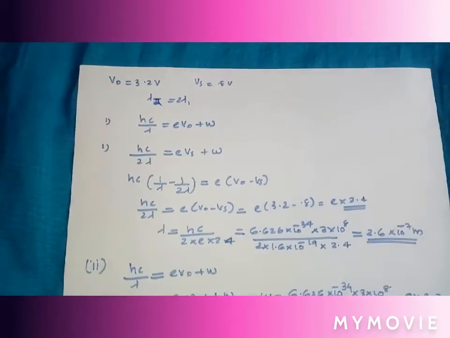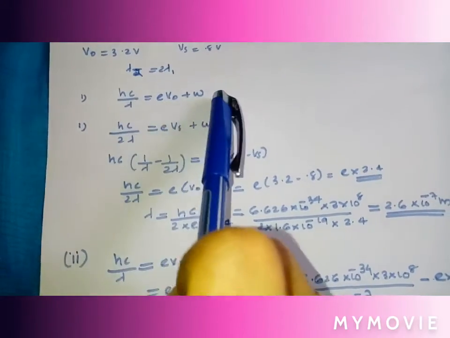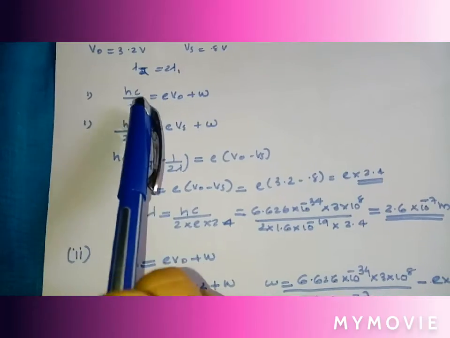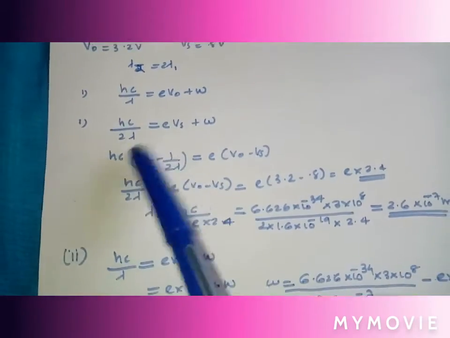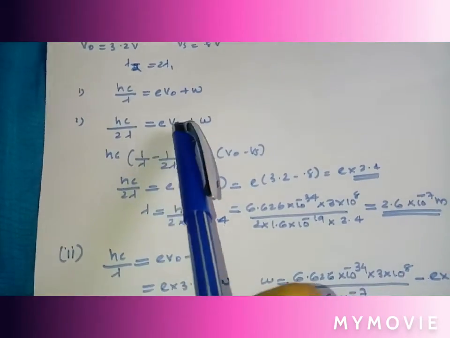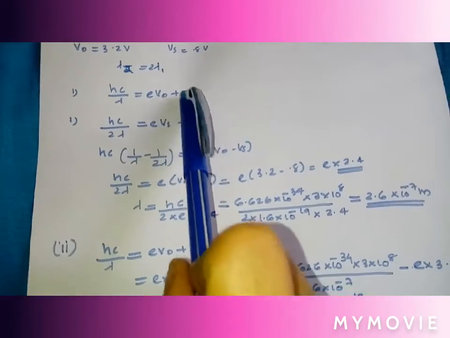For that, we should use the basic equation. We know that the energy is equal to kinetic energy plus work function. Kinetic energy is eV0 and energy is equal to hc by lambda. For the second radiation, we double the wavelength, that is lambda to 2 lambda, and the kinetic energy also changes, and the work function will not change because it is the same material.